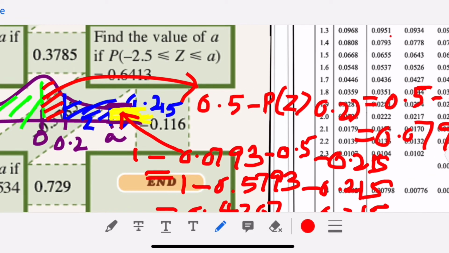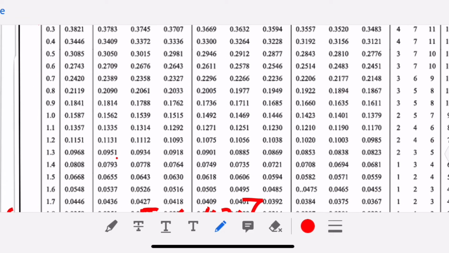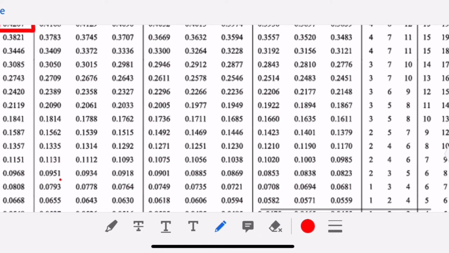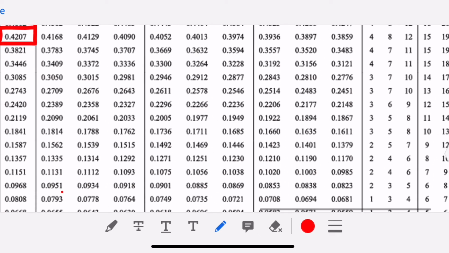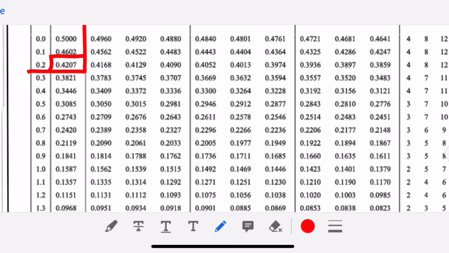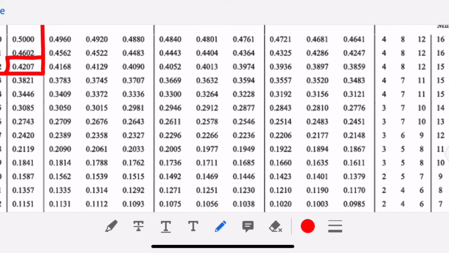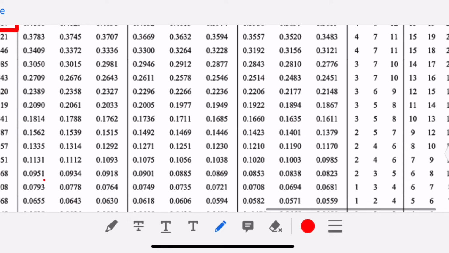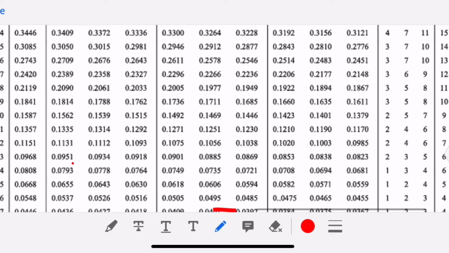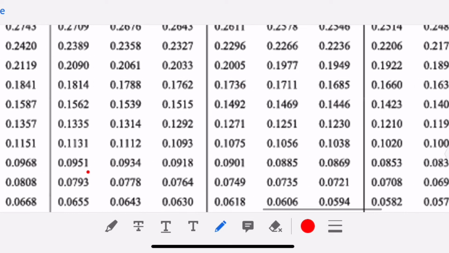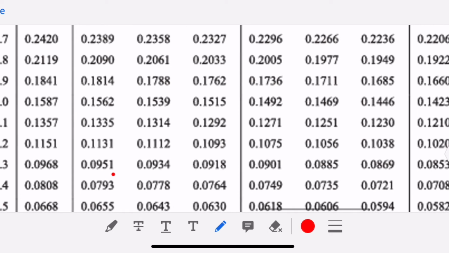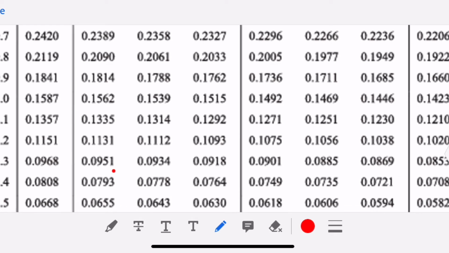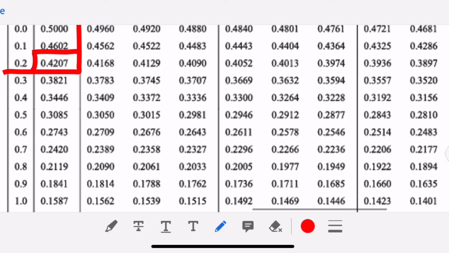Okay, now let's go to the normal distribution table. We find 0.2057, which is a probability value, right? Okay, so where is it? It's actually 0.20 something, right? So let's enlarge it. 20, we can't see 2057.